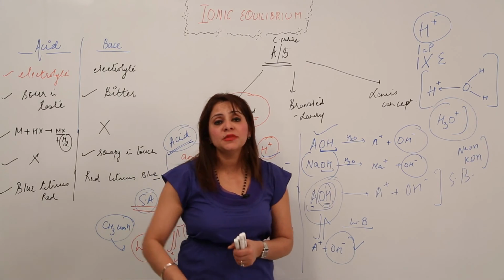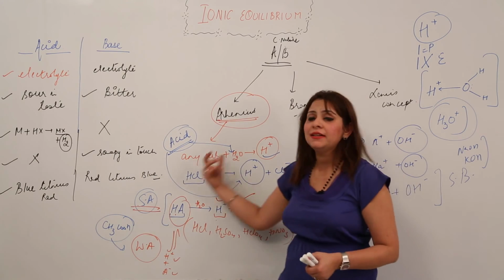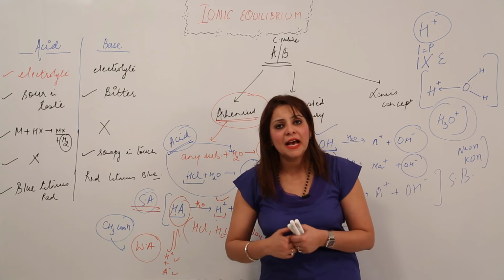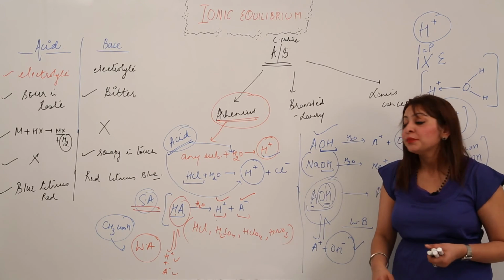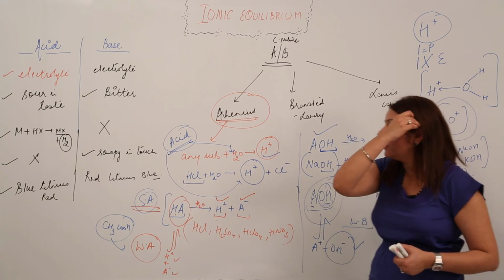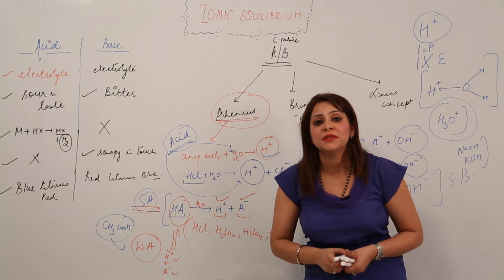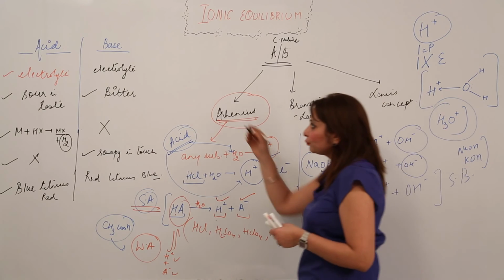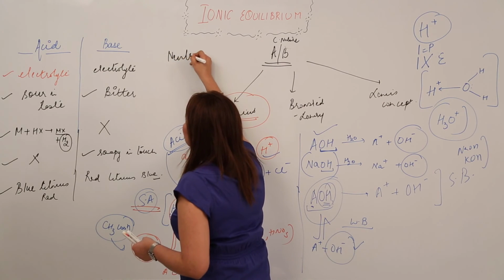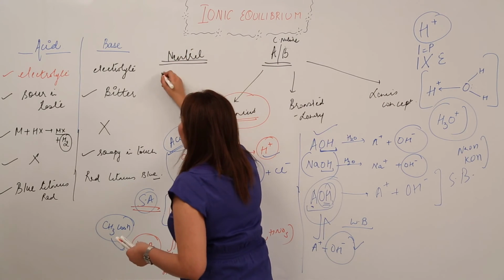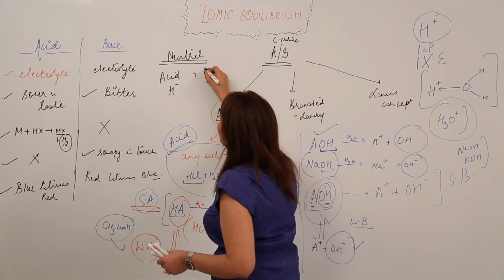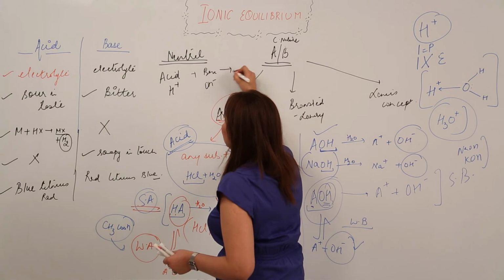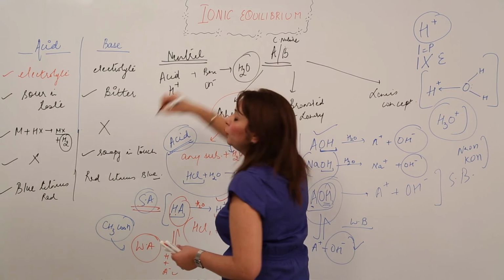Now the question comes: Arrhenius told about the acidic nature, which substance is called acidic, and he also explained which substance is called basic, right? Now what did he say in favor of a neutral substance? He said that a neutral substance is one in which the hydrogen of the acid and the OH of the base react to form a neutral water molecule.